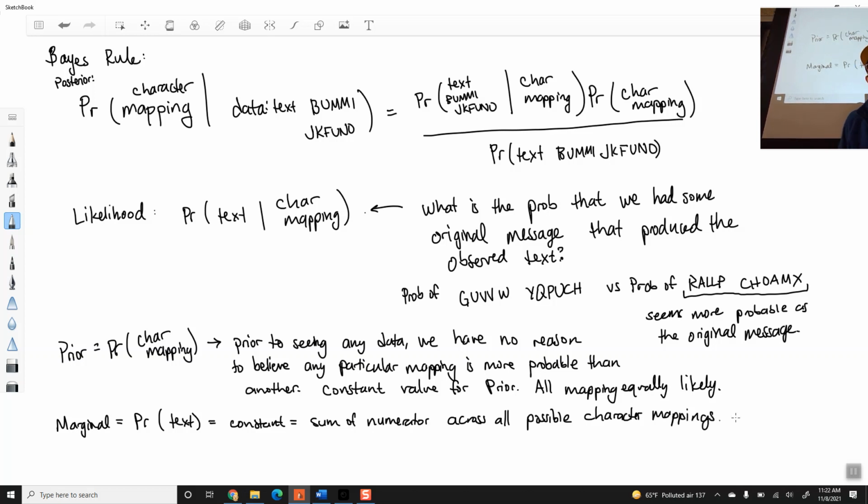When we did Bayesian stats, we said we have to figure out the numerator across all possible values of the parameter, the character mapping.